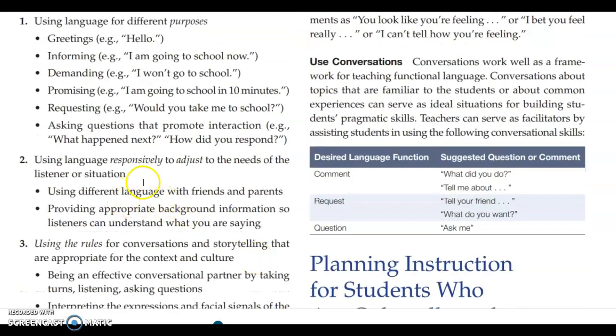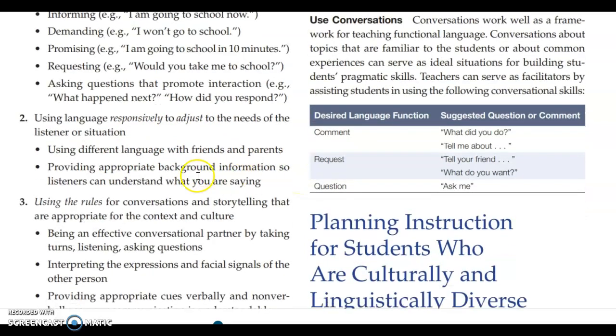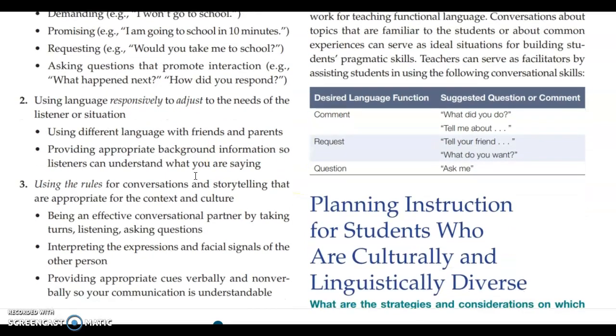Also teaching how to use language responsively to adjust to the needs of the conversation or the listener or the situation. But thinking about what's going on in the conversation, you might use different language with friends or your parents or your teachers, and providing appropriate background information so that listeners can understand what you're saying.